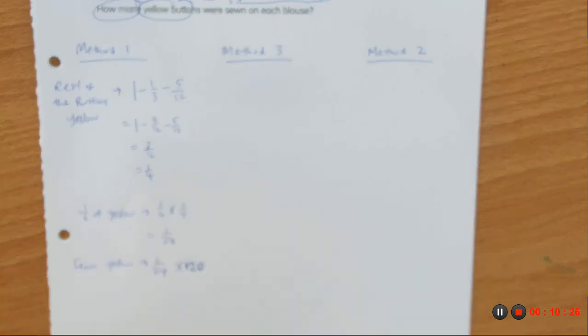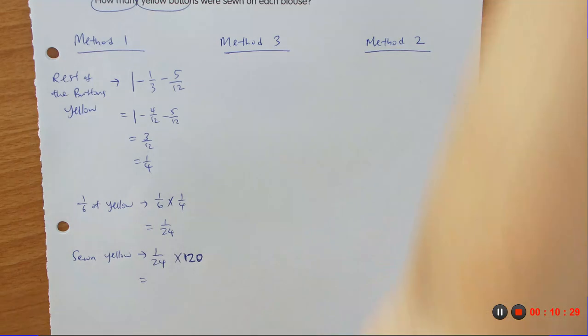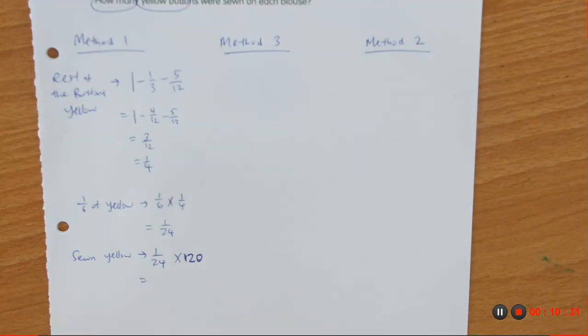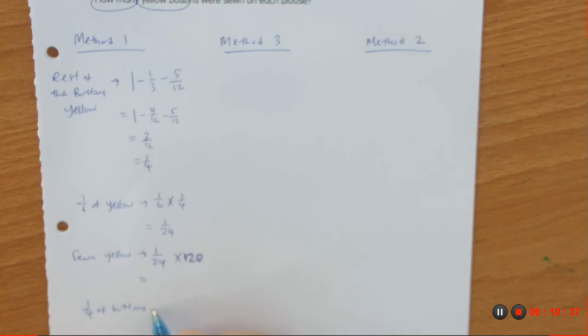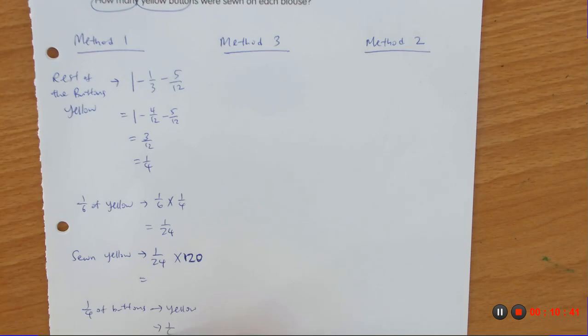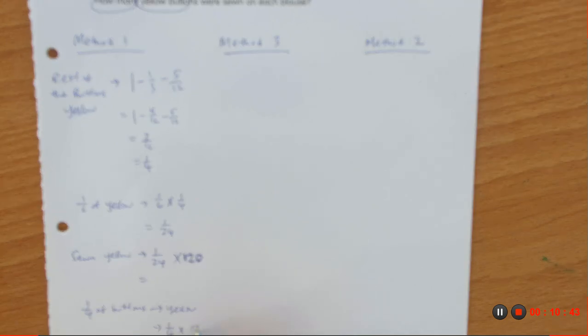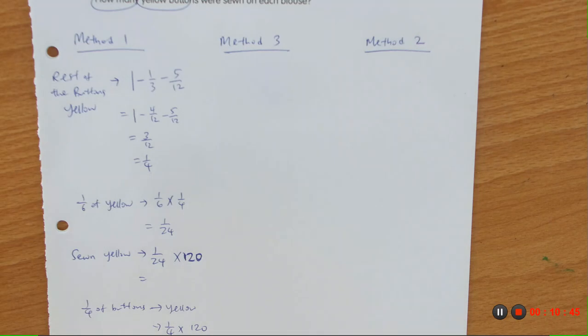Or a simpler way is, since 1/4 of the buttons are yellow, so 1/4 of the buttons is 1/4 times 120. There will be how many? 30 buttons, right?